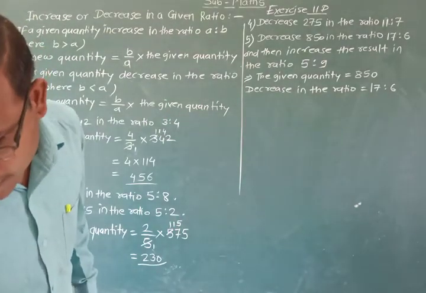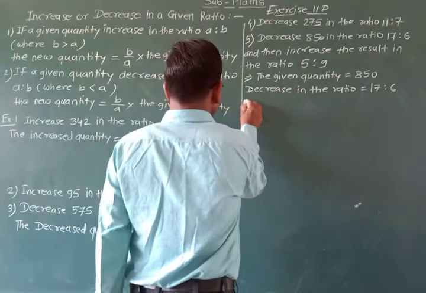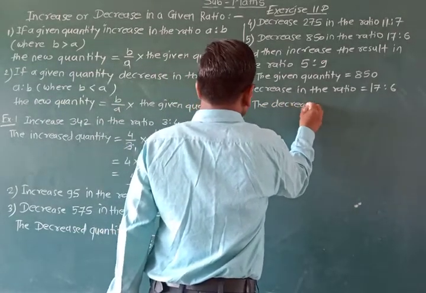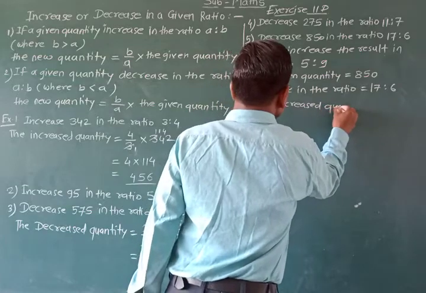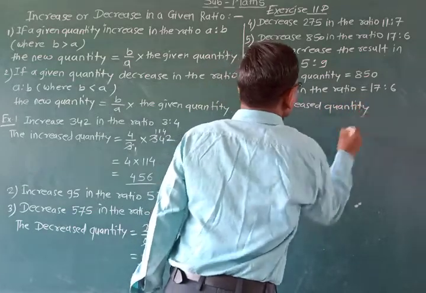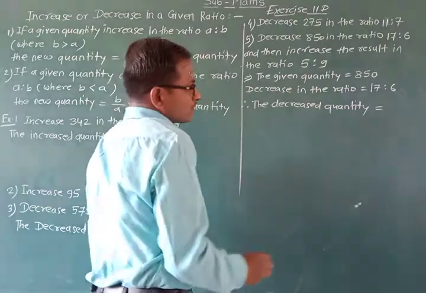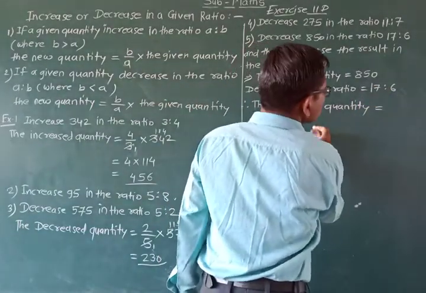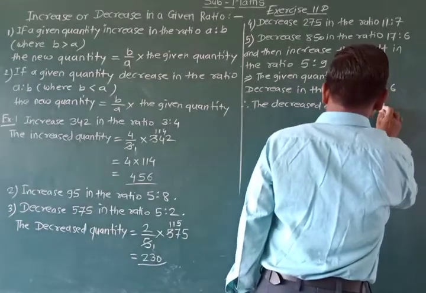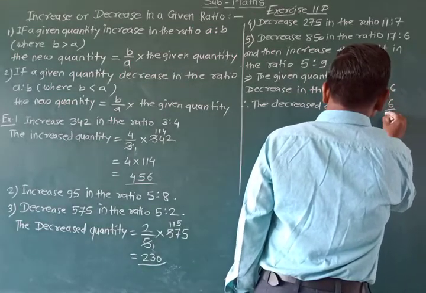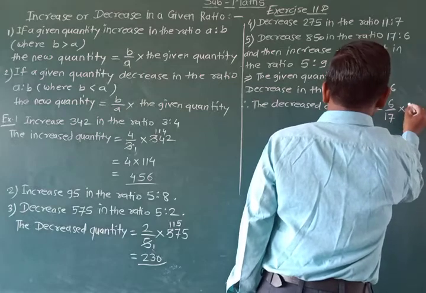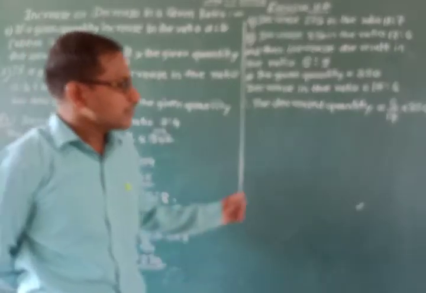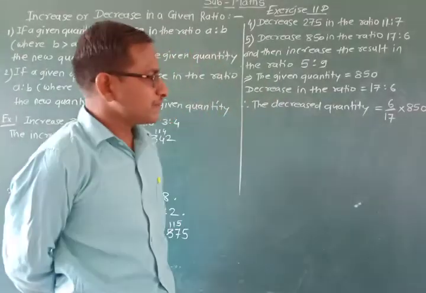Then you find the decreased quantity. So the decreased quantity is equal to 6 upon 17 multiplied by 850.